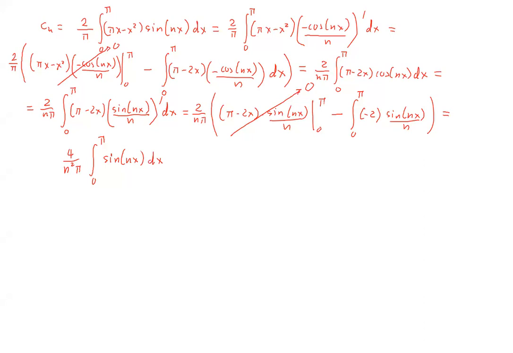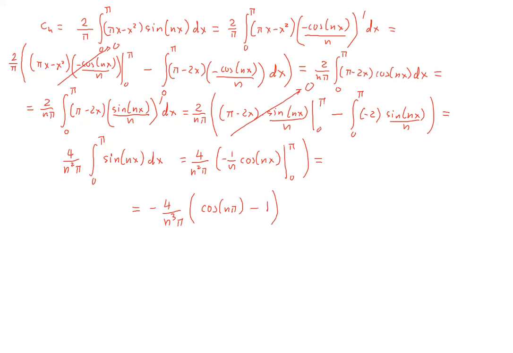The antiderivative of sine of nx is negative 1 over n cosine of nx. And I want to go from 0 to pi. And what do I get here? So first of all, there will be this negative 4 over n cubed pi, right? And then I get cosine of n pi minus cosine of 0, also known as 1.